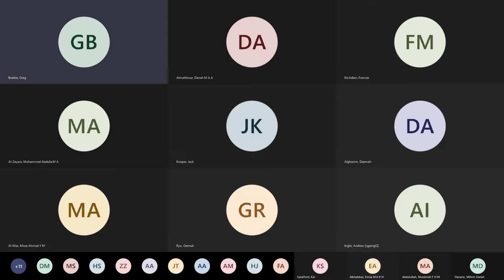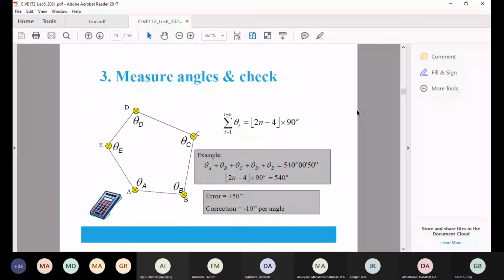What you should be able to see on your screen now is a slide from lecture 6, which was uploaded. This is just to demonstrate. In the practical, this is a traverse, and these are angles measured inside that traverse. So that's what the practical is showing today. The distances between these are normally long distances, 50 to 100 meters, typically, and quite often further.